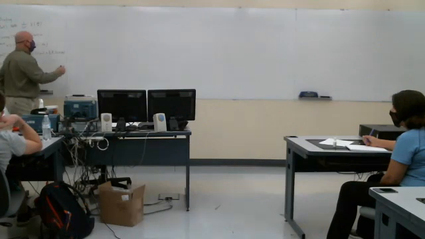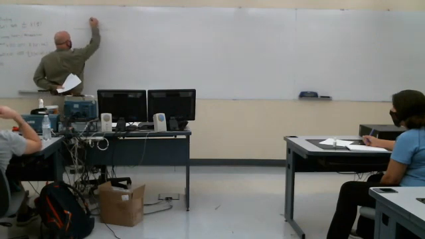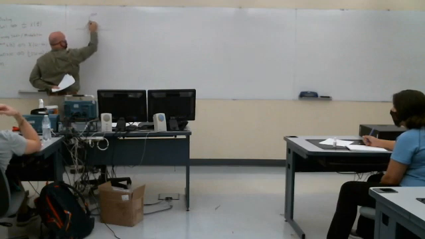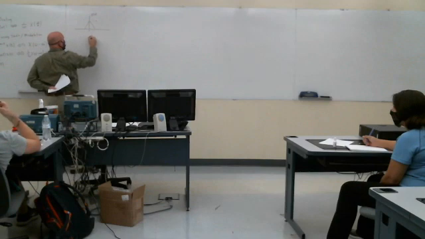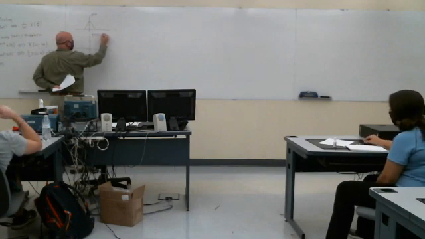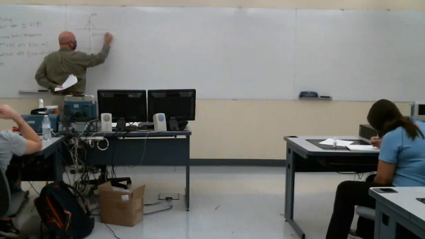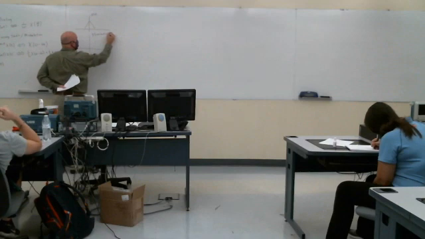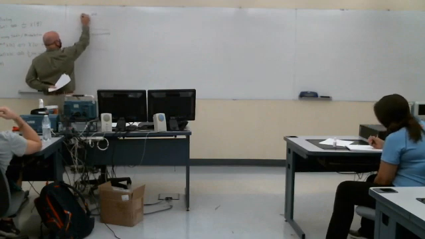So if X of omega, for example, looks like this, then this is the Fourier transform of cosine omega 0 t times x of t.